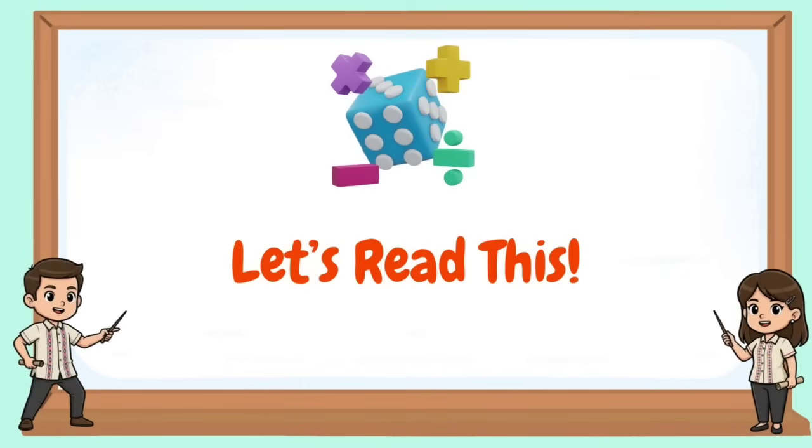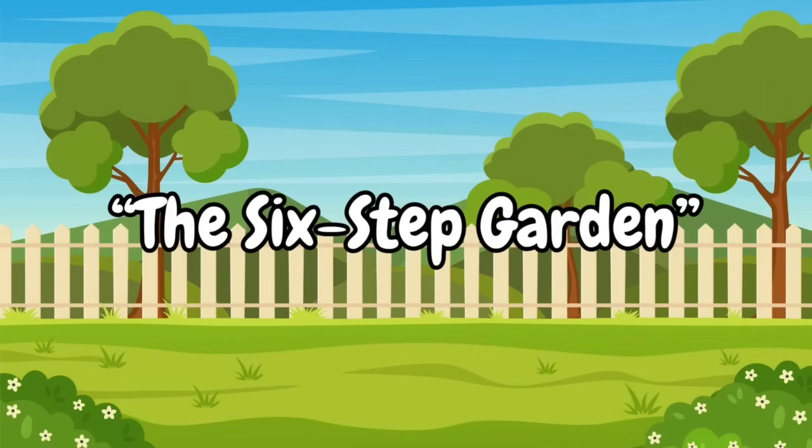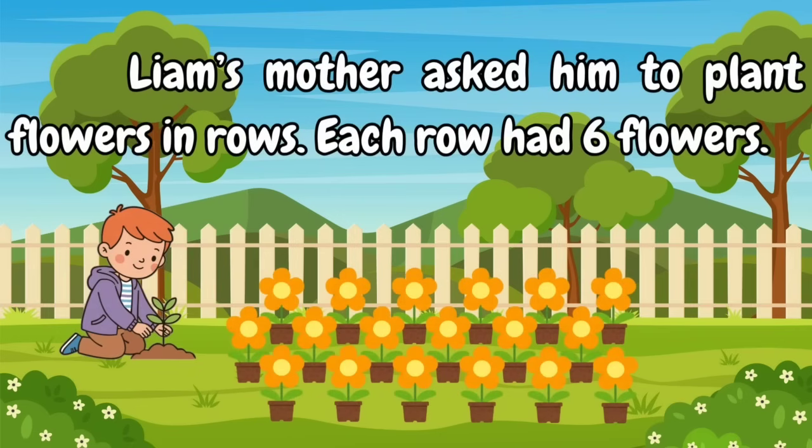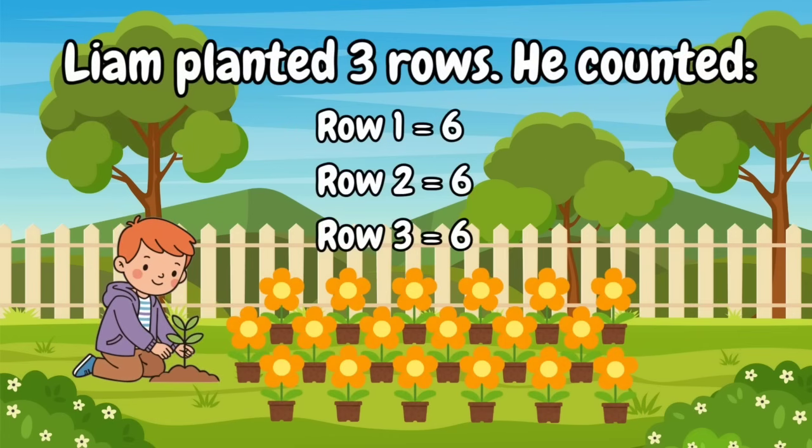Let's read this. The 6-step garden. Liam's mother asked him to plant flowers in rows. Each row had 6 flowers. Liam planted 3 rows.